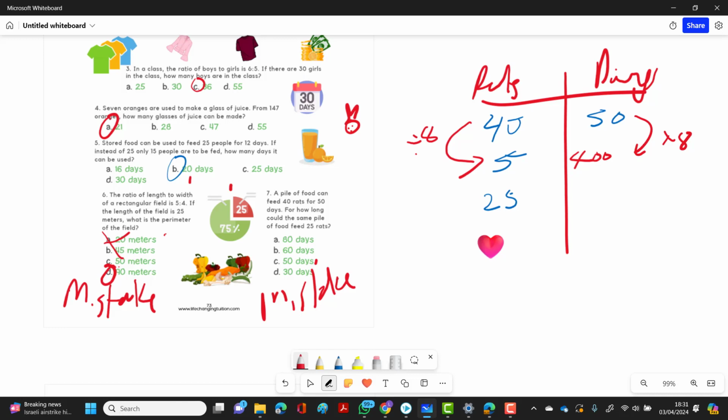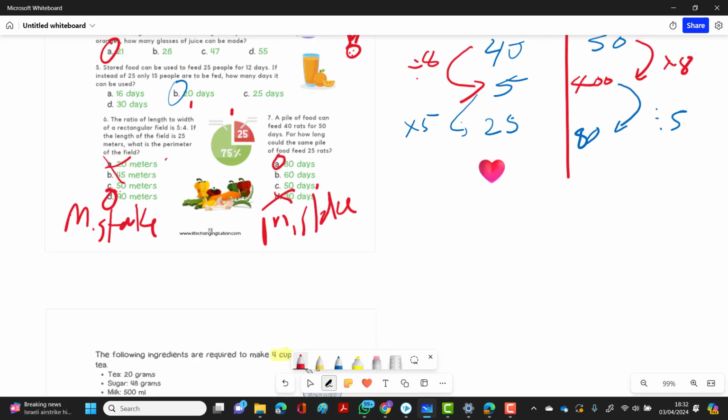And then we go times by 5, so the opposite, divide by 5, which gives you 80. Okay, now that's a mistake. In the answers it's got D, so it should be 80.